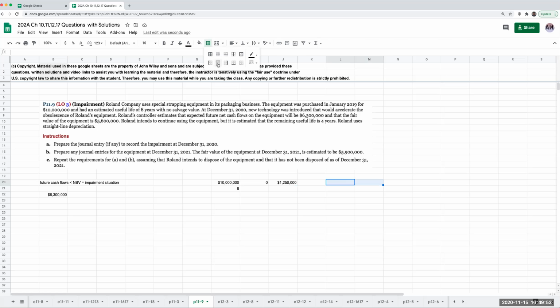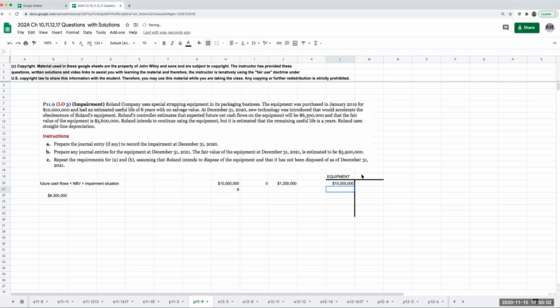So my equipment has a cost of 10 million. My accumulated depreciation, because I'm using straight line, is going to be 1.25 million for 2019 and then 1.25 million for 2020. So my total accumulated depreciation on the equipment is going to be 2.5 million.